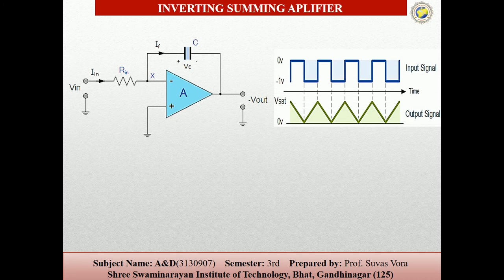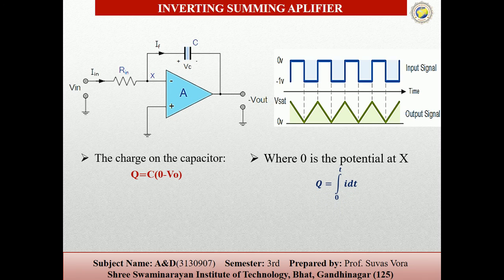So in the charge equation, the charge of the capacitor is Q equal to C into V0, this is virtual ground, minus V out. So 0 is the potential at G.